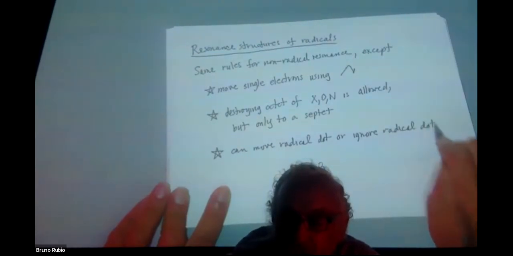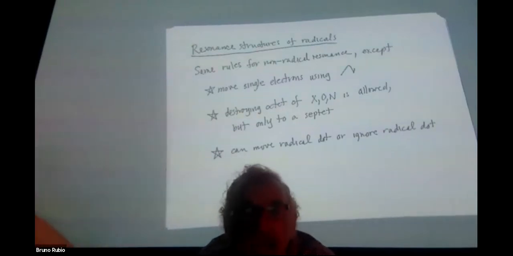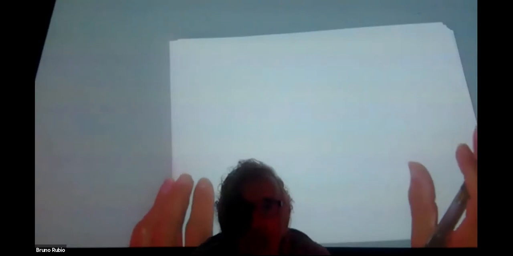So in other words, you can write resonance structures that show that you're moving the radical electron, or you can write resonance structures where you're doing something else and you're just leaving the radical dot be. Okay, so those are the rules for writing resonance structures of radicals. Let's do an example.